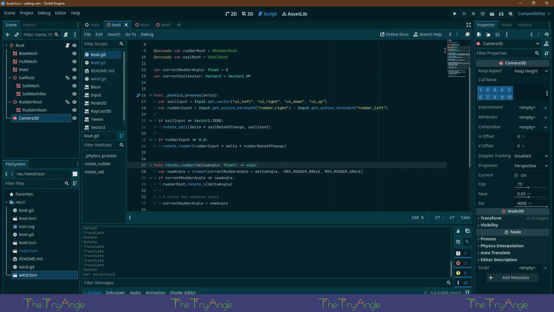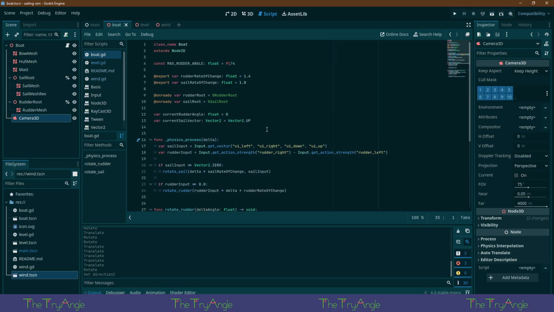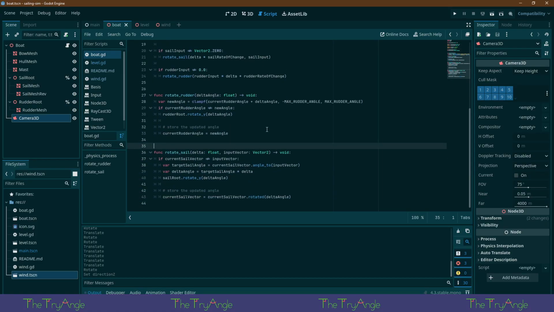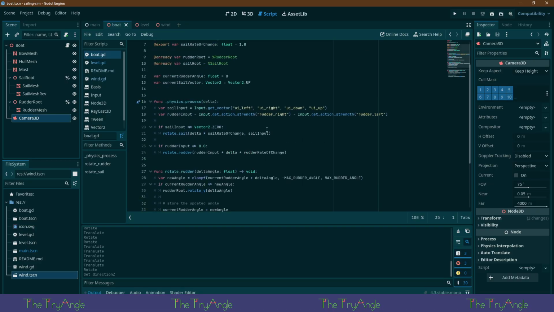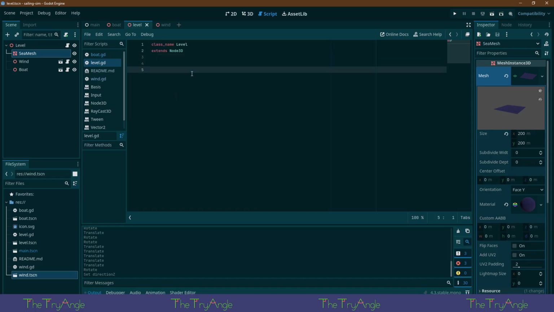So let's go back into our boat. And what do you think here? We can pass the wind into the boat every time it updates. Oh, actually, you know what?